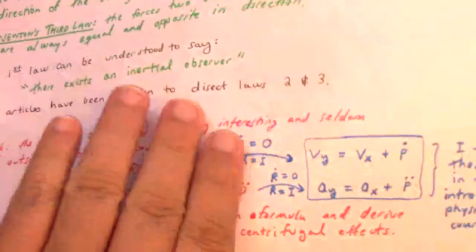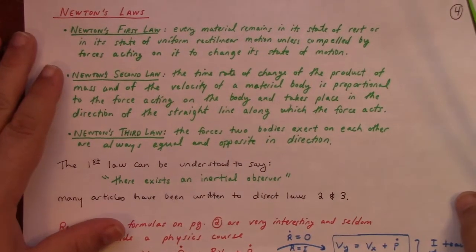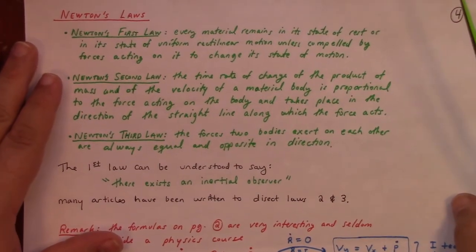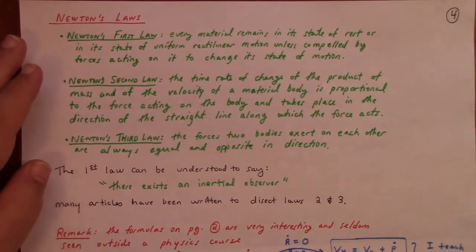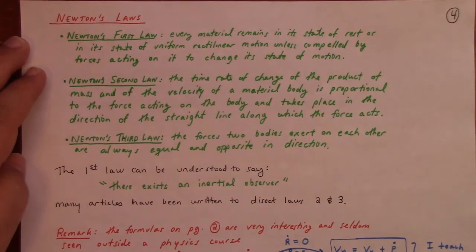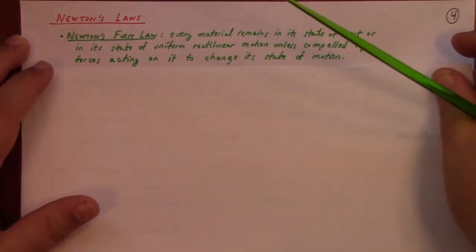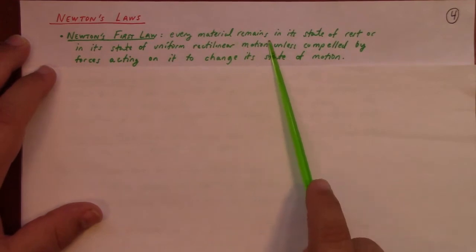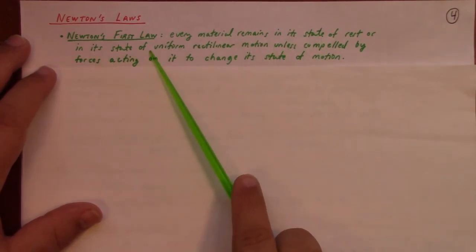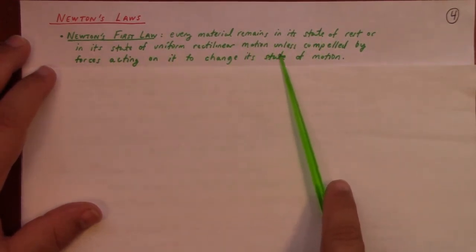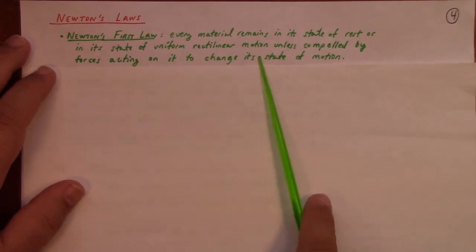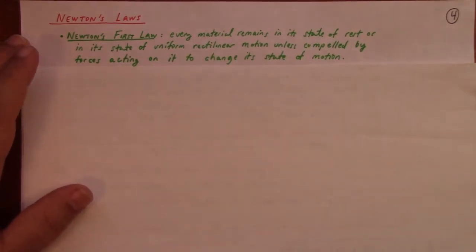So let's review Newton's laws from basic introductory physics. What are they? Newton's first law, in its usual classical language: every material remains in its state of rest or in its state of uniform rectilinear motion unless compelled by forces acting on it to change its state of motion.